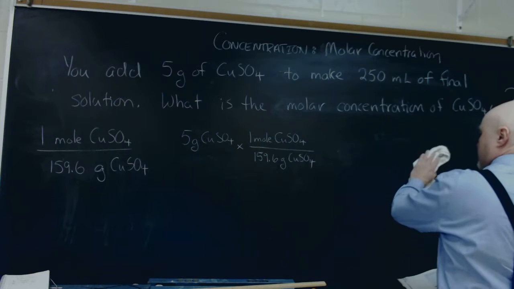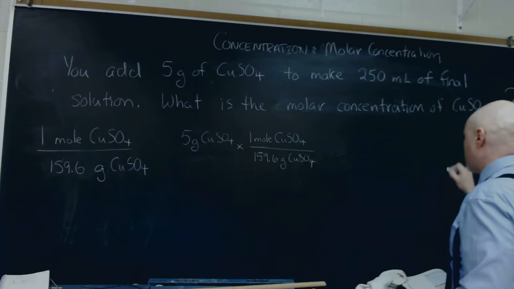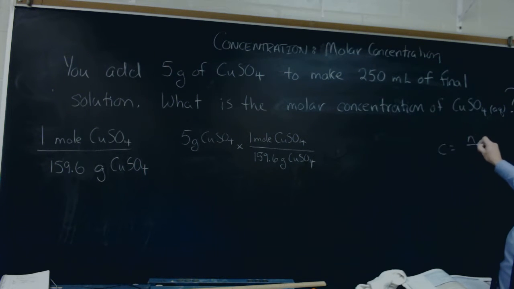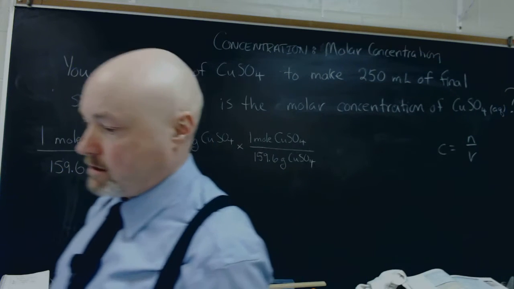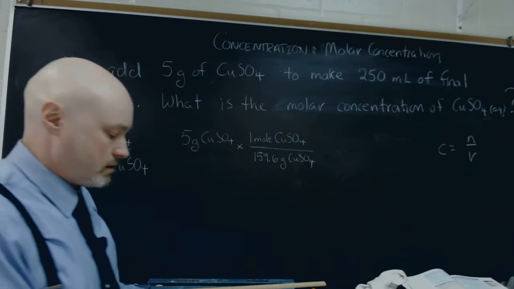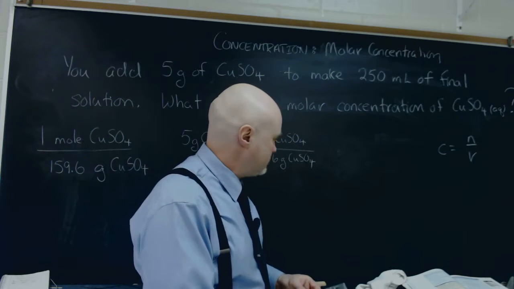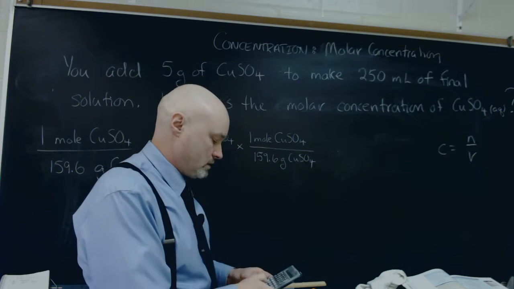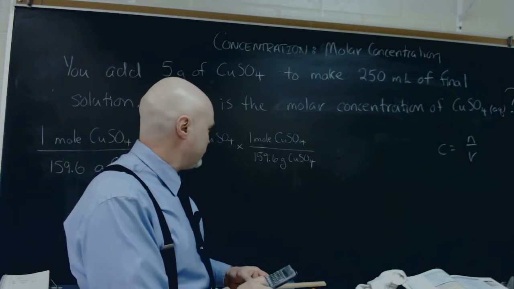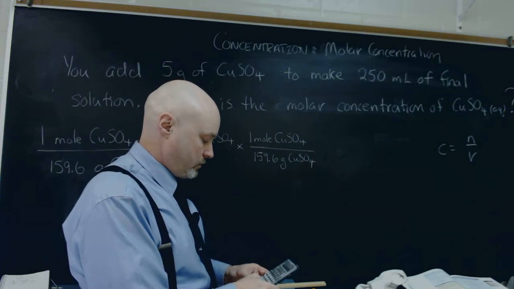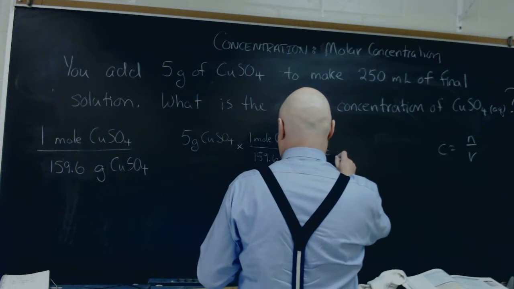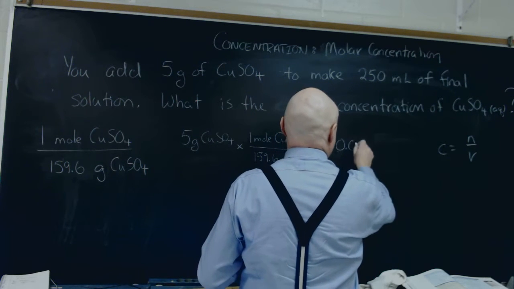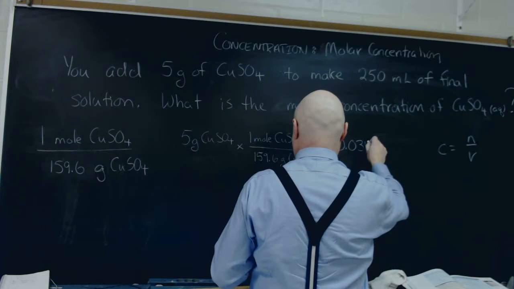And as you can see, I have significantly less than 1 mole. So I'm just going to find my chalk-covered calculator. So 5 divided by 159.6 is 0.031.